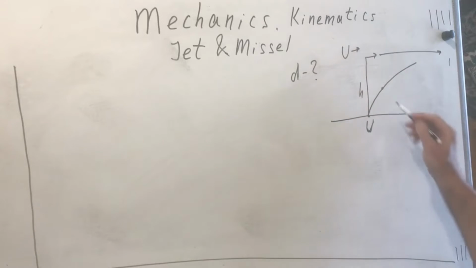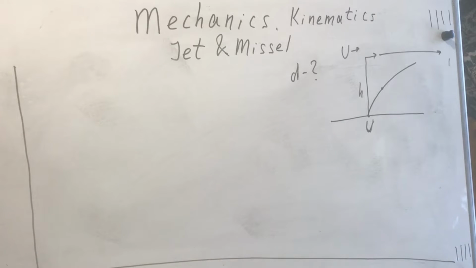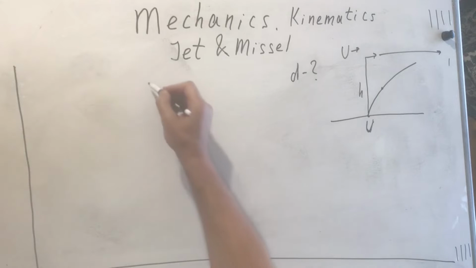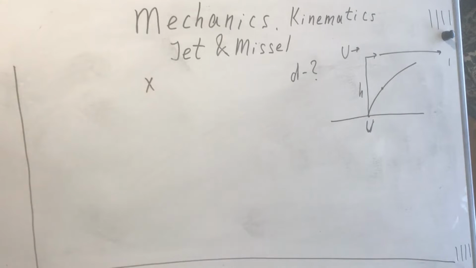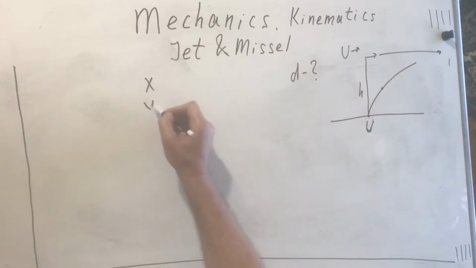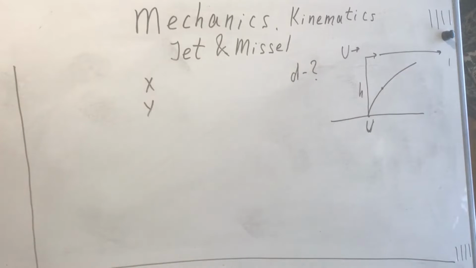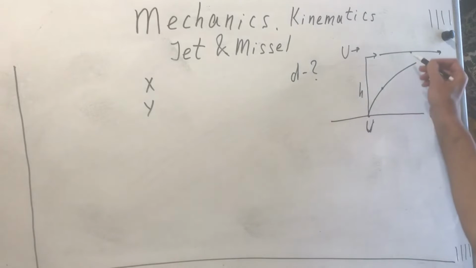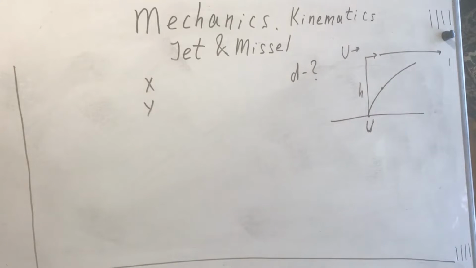Suppose that one coordinate will be the distance between jet and missile in the x direction, so that's x. Another coordinate will be the distance between missile and jet in the y direction, and let's choose another coordinate which is the distance between jet and missile, so that will be s.